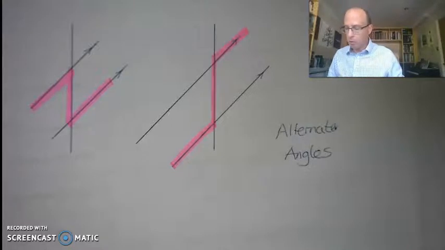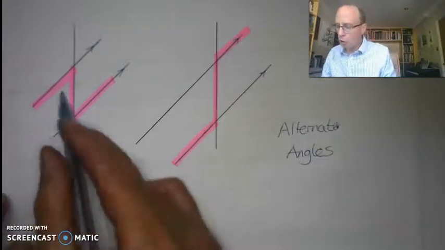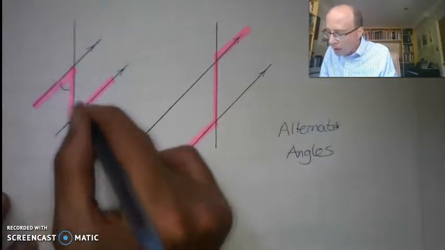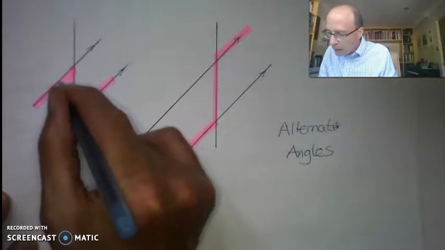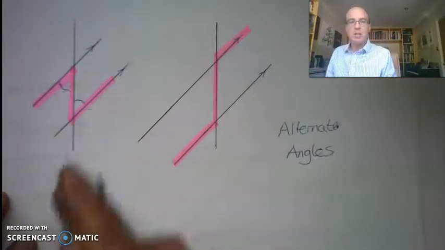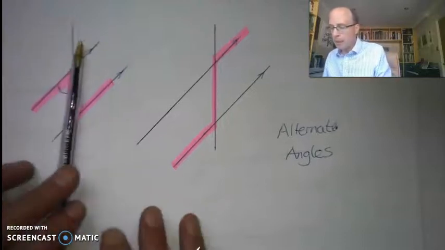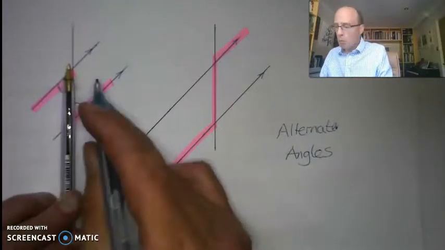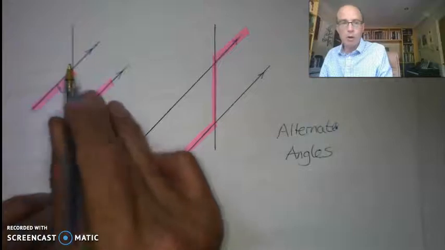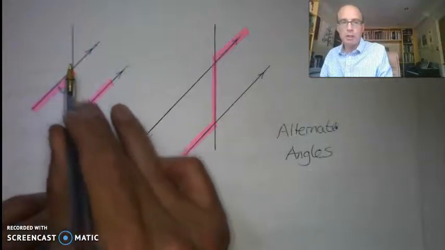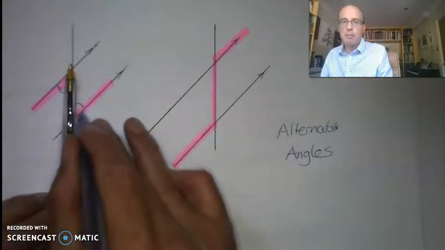So on the first one, I'm going to draw these two angles. So the angles are inside my Z shape. If I put my pen in place, then what we can see is the angles are on alternating sides. So they're on opposite sides of my pen.